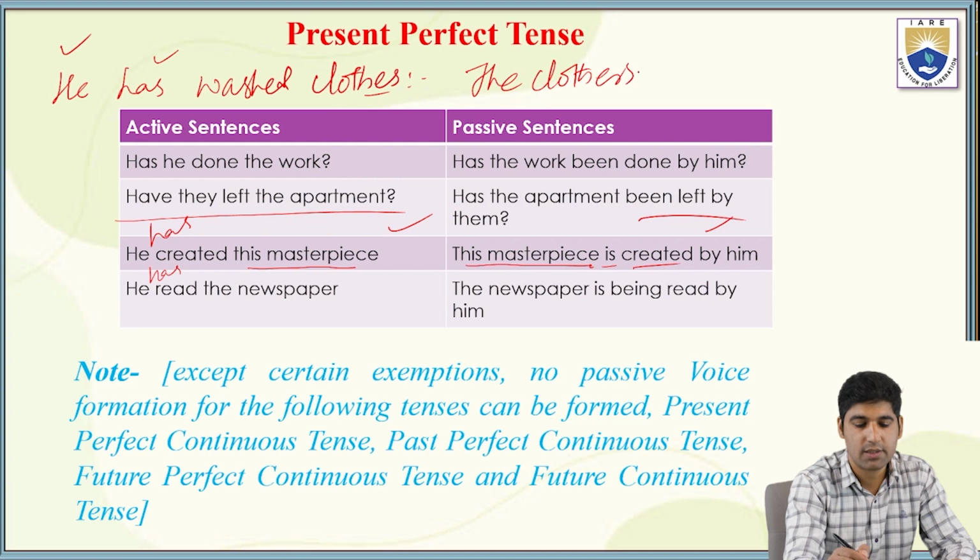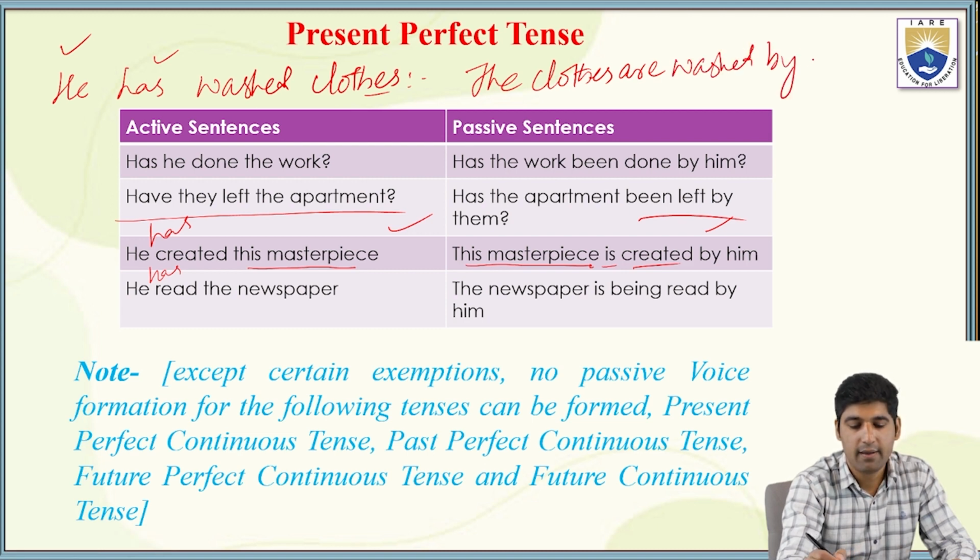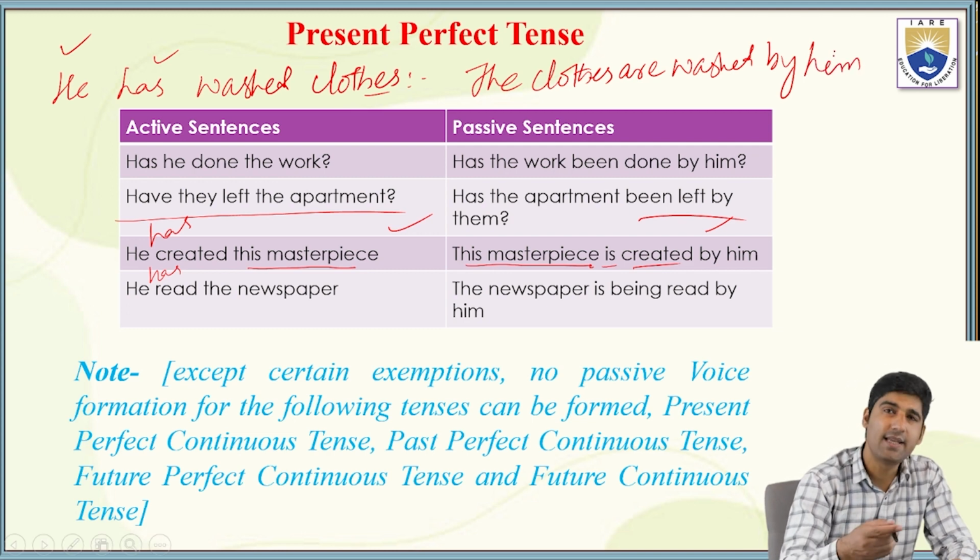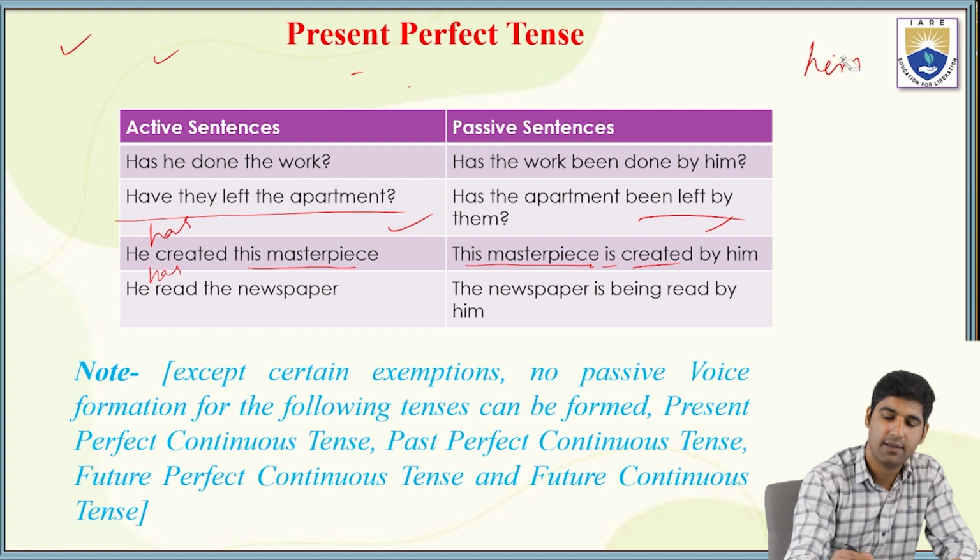The clothes are washed, it is present tense, verb third form washed, by, it is he, so it will be him. This is very easy to change the tenses into passive.